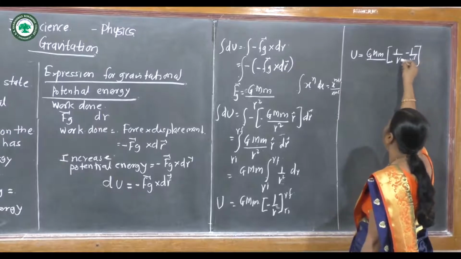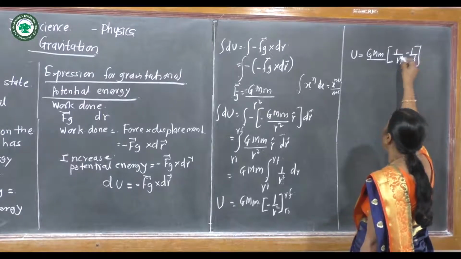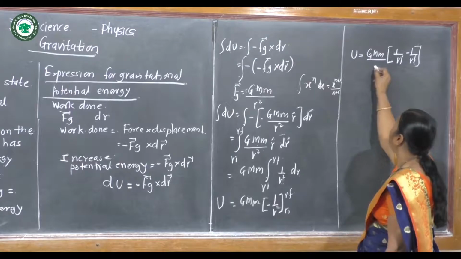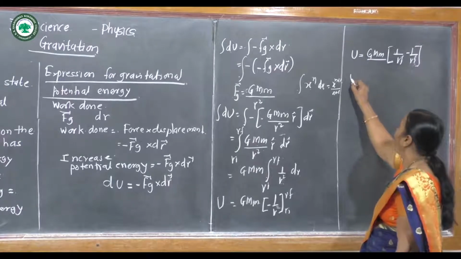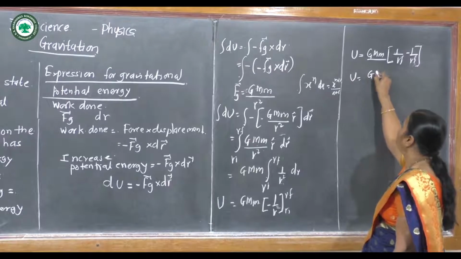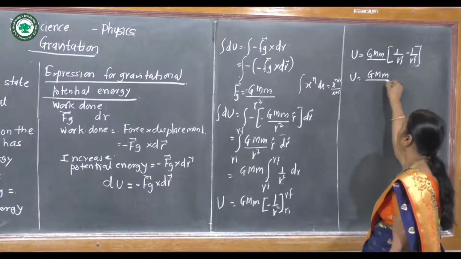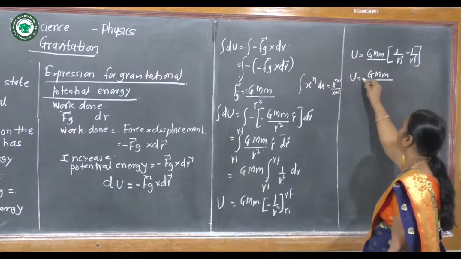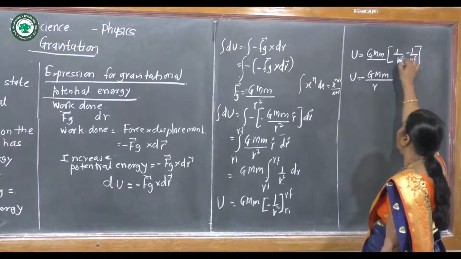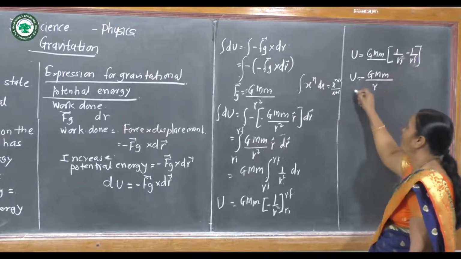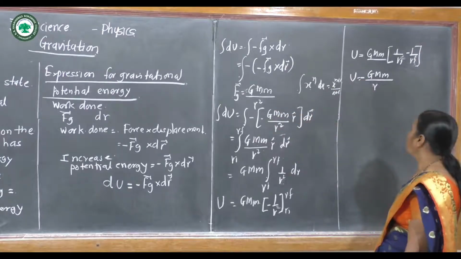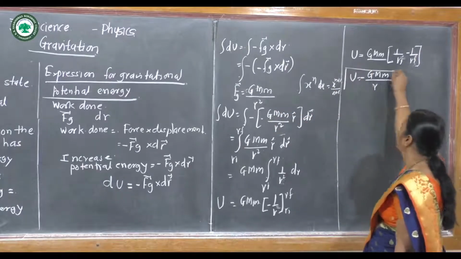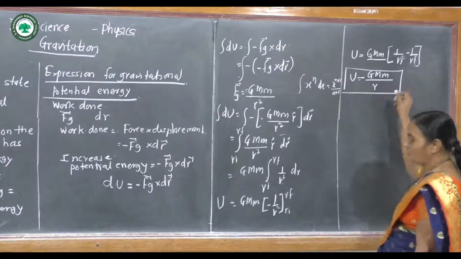Substituting the initial value as infinity, we get minus G m divided by r. This is the expression for potential energy.